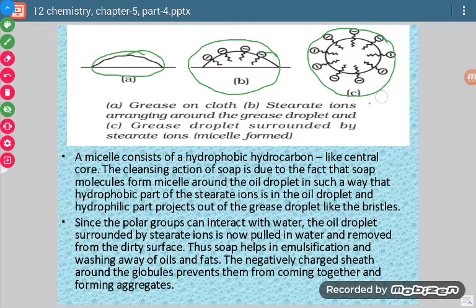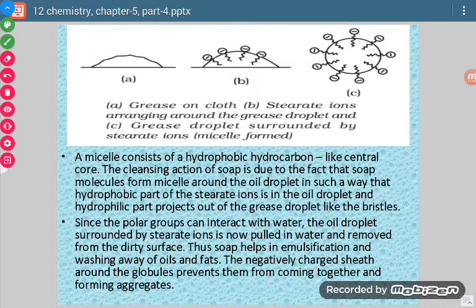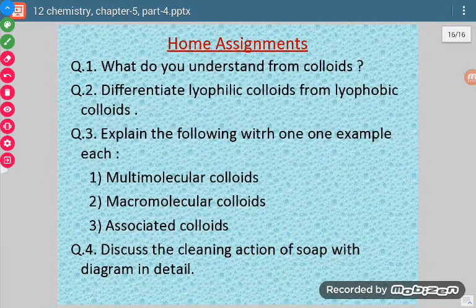Those similar charged ends repel each other, and because of this repulsion, the oil drop breaks and each molecule of soap carries away along with it the smallest portion of the grease, and in this way that oil droplet gets removed from the cloth.